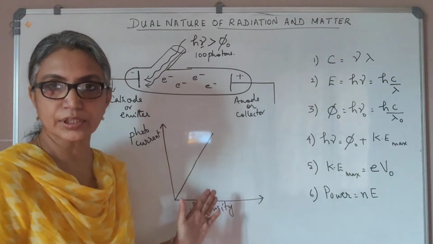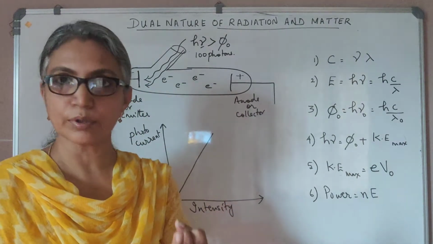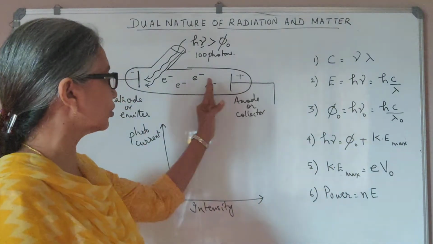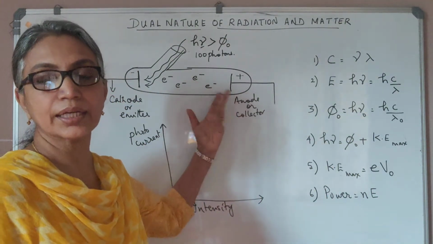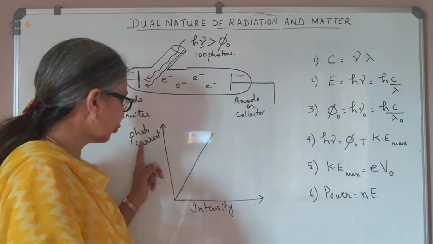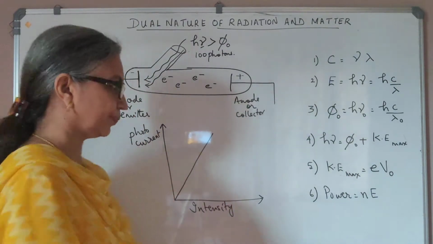So I hope this graph is clear to you. If you increase the intensity of the incident radiation, the number of photons will increase, the number of photoelectrons also will increase, and that increases the photoelectric current, and therefore this graph shows you the photoelectric current is directly proportional to the intensity of the incident radiation.